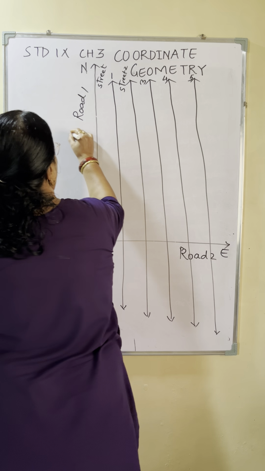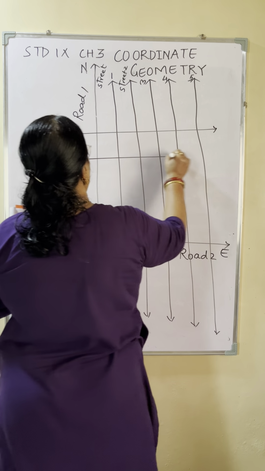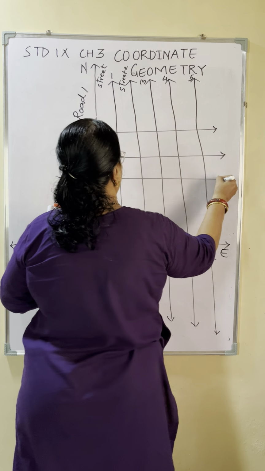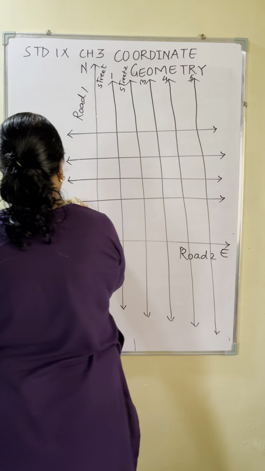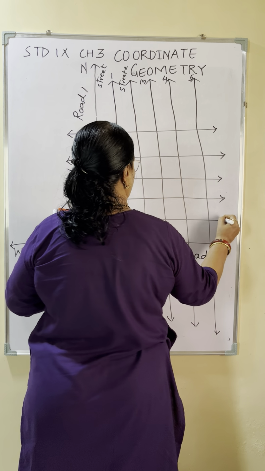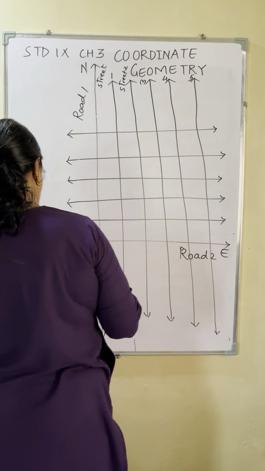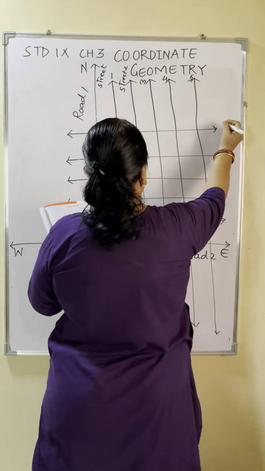Now we will draw this way. 1, 2, 3, 4 and this 5. We'll start.